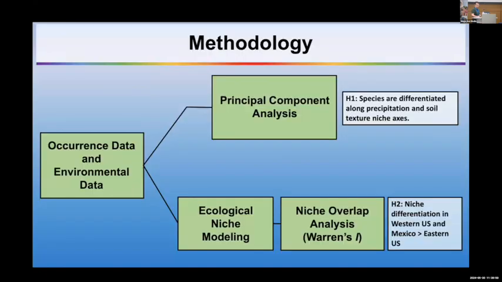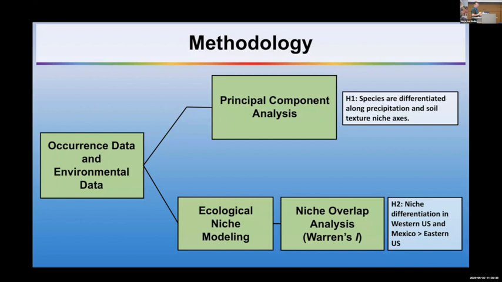So using this data for each of the hypotheses, it's kind of like a two-pronged methodological approach. For the first hypothesis, focused on just seeing which variables are important for the variation in these species, I used a principal component analysis. And then for the second hypothesis, looking at the niche differentiation between the western US and eastern US, I used ecological niche modeling to first establish a map basis for how these species are predicted to be distributed across the landscape.